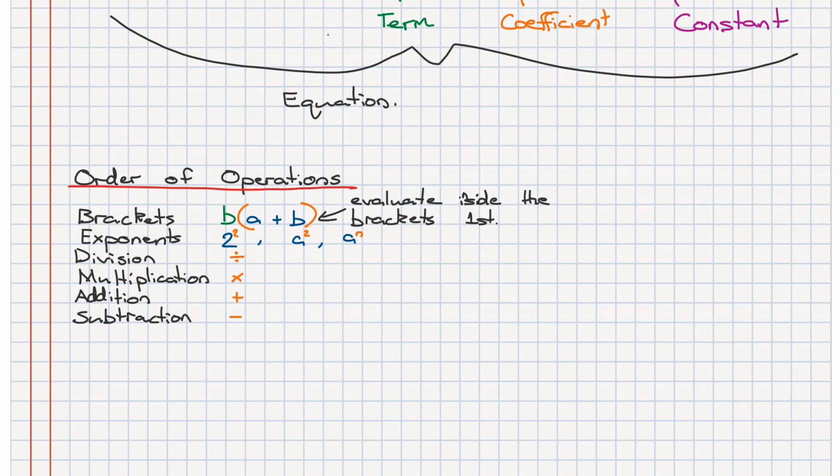Now what this means is, when we see an expression and we try and evaluate it, first we do the inside of the brackets, then the outside. Then if we have any exponents, we evaluate the exponents. If we have a division, we do the division, then the multiplication. Then after all of those have been done, we can do addition and then subtraction. So we need to follow this order, otherwise we won't get the correct answers.